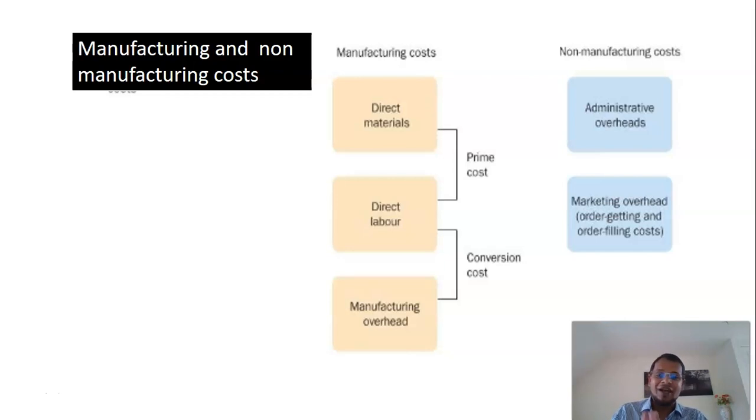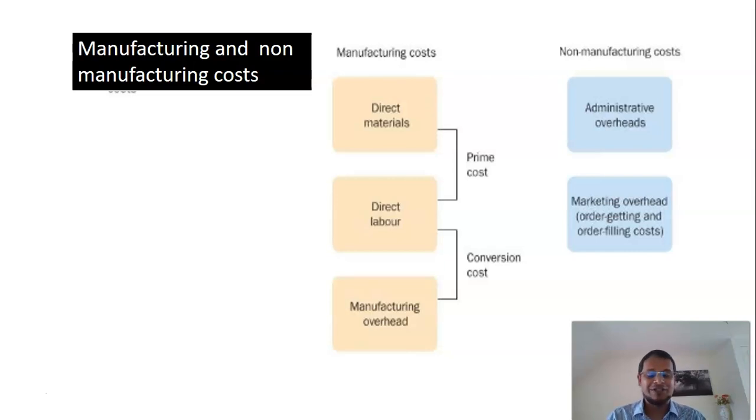We can say the direct material and direct labor, these are the direct expenses. So what are direct expenses? That we can directly trace, directly identify, directly plan relating to a product, a process.